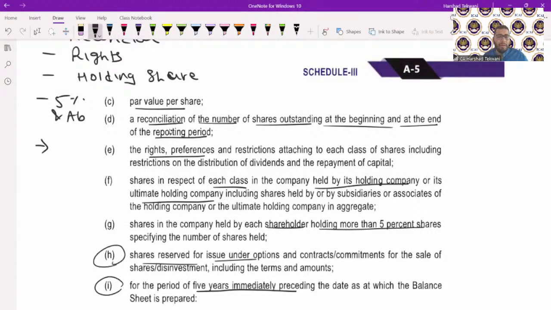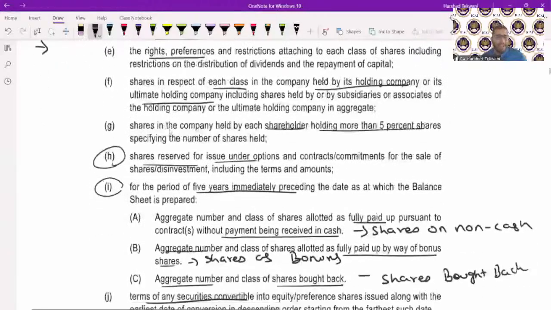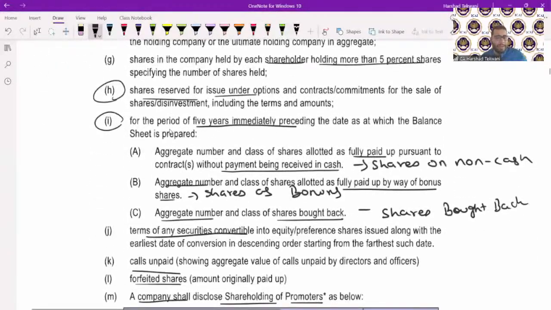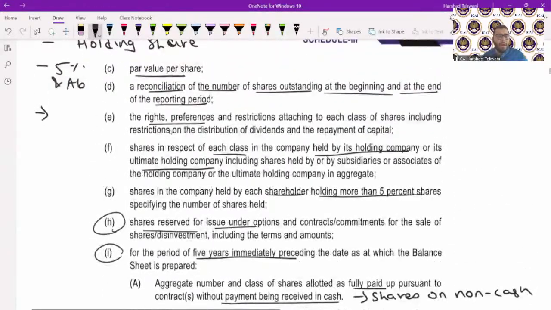Okay, then these are special items. If present, then only required to be disclosed, otherwise not. Like options, shares reserved for options.